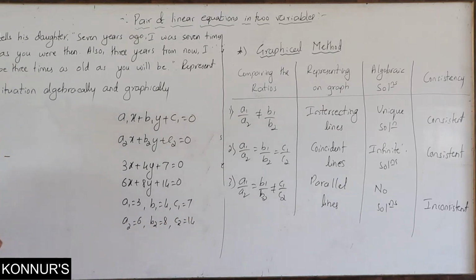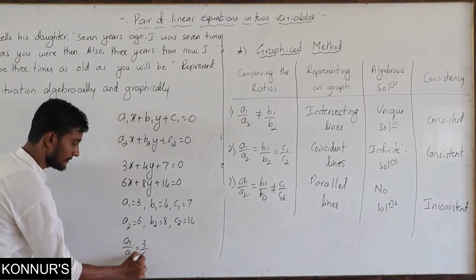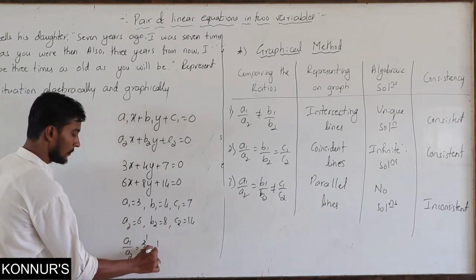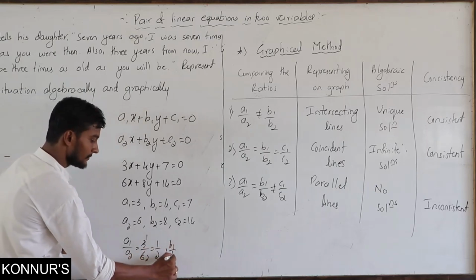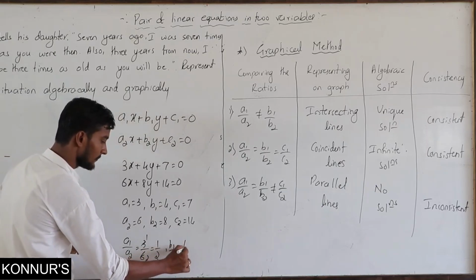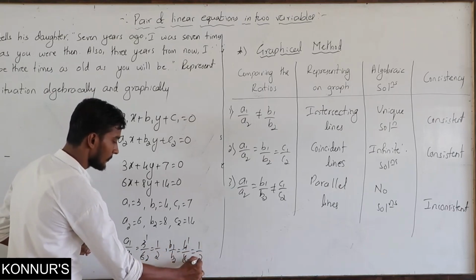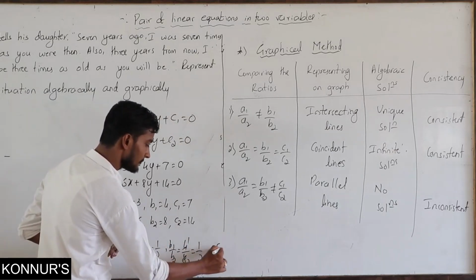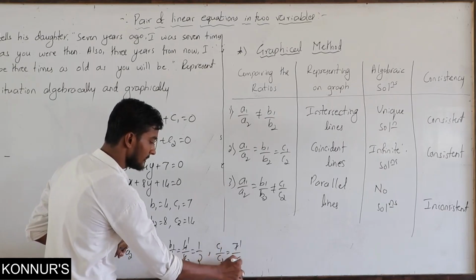So, check whether a1 by a2, what you are getting? a1 by a2 is equal to 3 divided by 6. If you cancel this, what you are getting? 1 divided by 2. Next, b1 by b2 is equal to 4 divided by 8. If you cancel this, you are getting again 1 divided by 2. Next, c1 by c2, you are having 7 divided by 14. 7 ones are 7, 7 twos are 14.